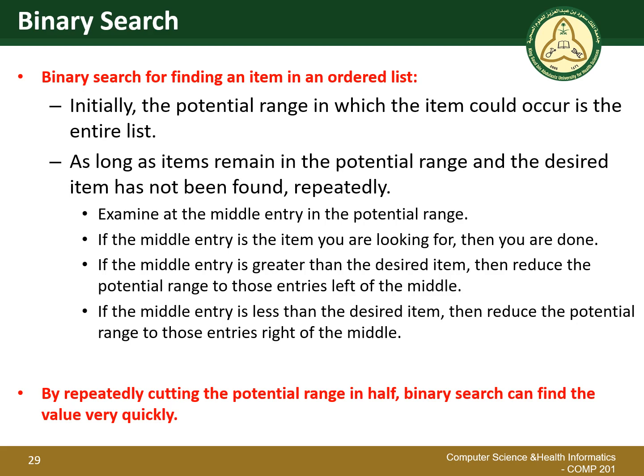If the middle is less than the desired item, then we will cut or reduce the potential range to those entries right of the middle point. As we saw in the example, by repeatedly cutting the list in half, binary search can find the value very quickly.